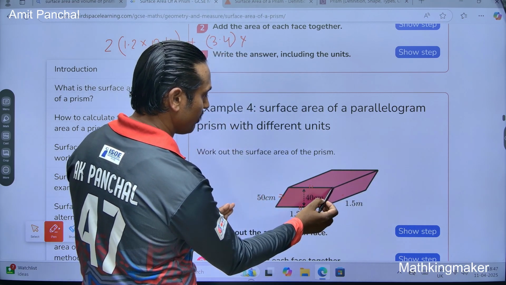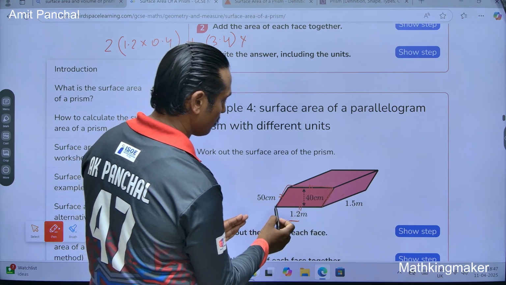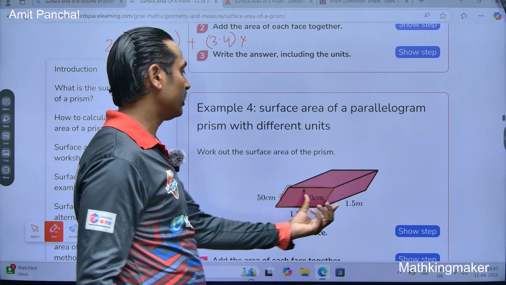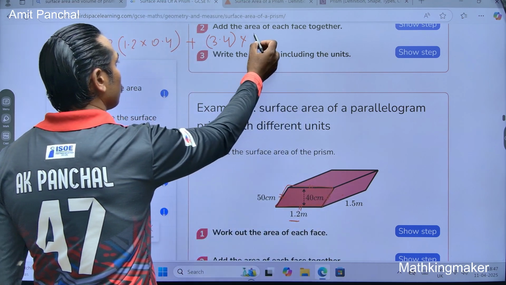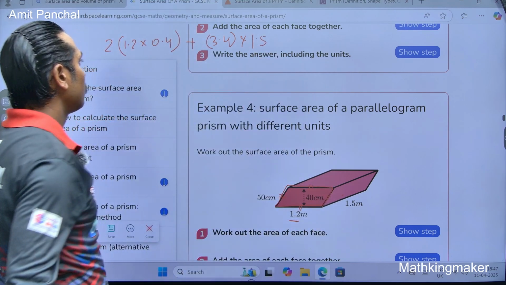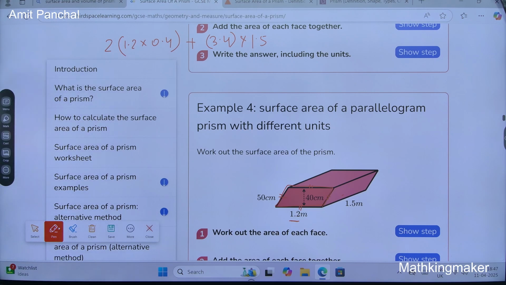Okay, this is its base, also the length. So that will be the height. Got it? Yes, sir. So by this also you can calculate the area of the prism. Okay, sir.